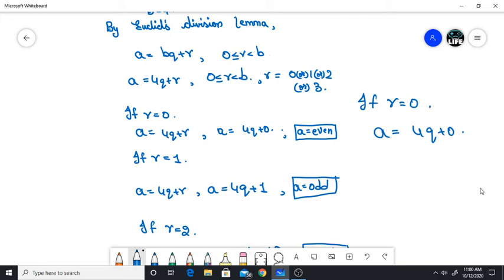Take 2 as common. Then you will get a equals 2 into 2q plus 0, which is a equals 2 into 2q. We know that 2q is an even number, so multiplying 2 into an even number gives you an even number. So a equals even.